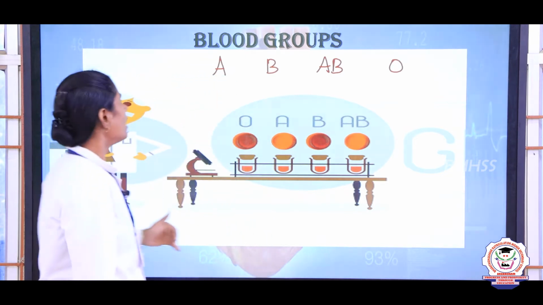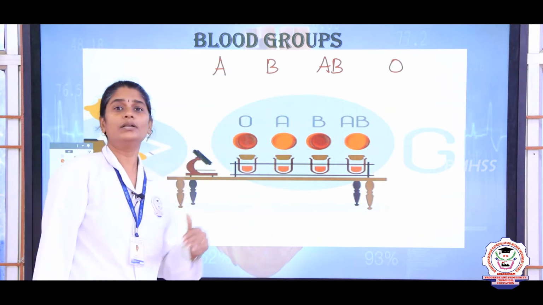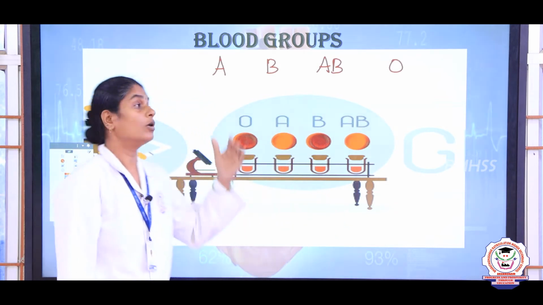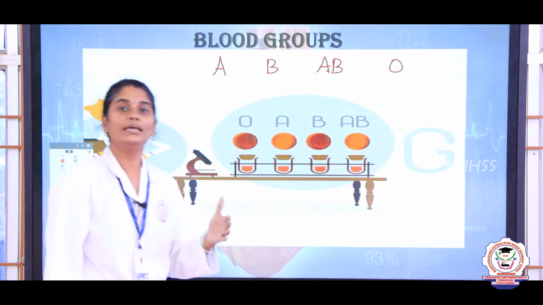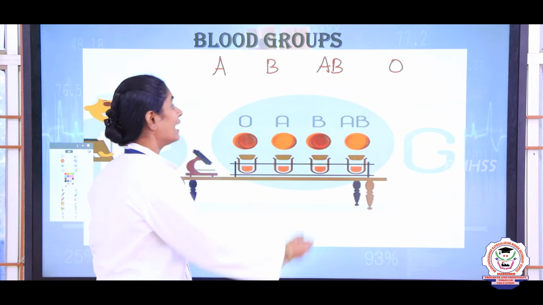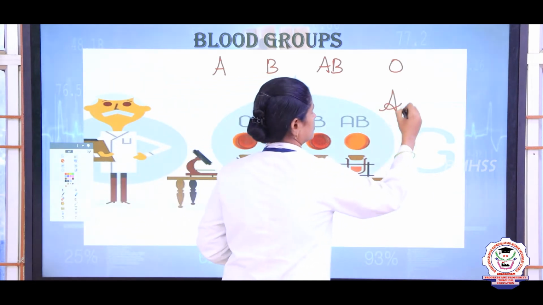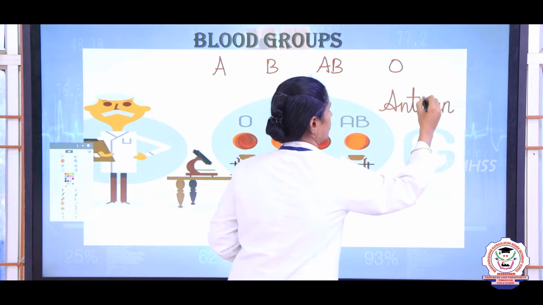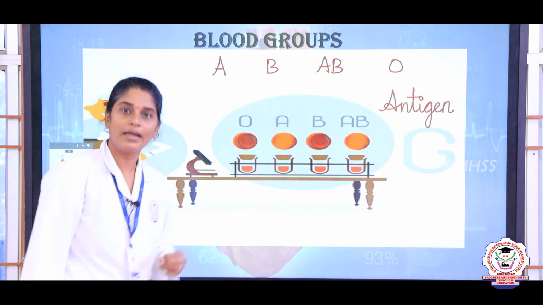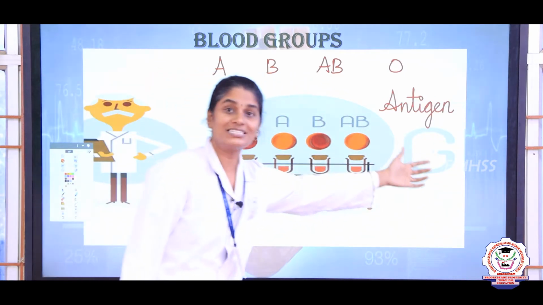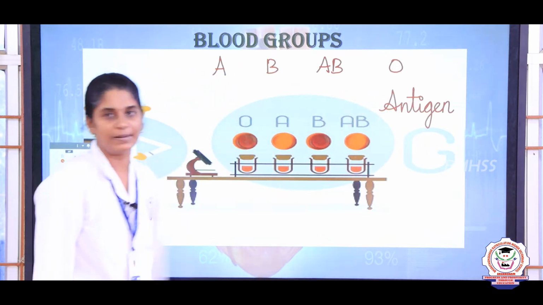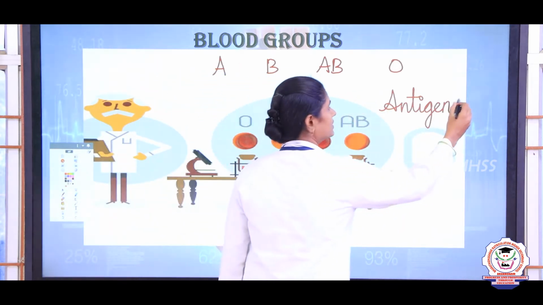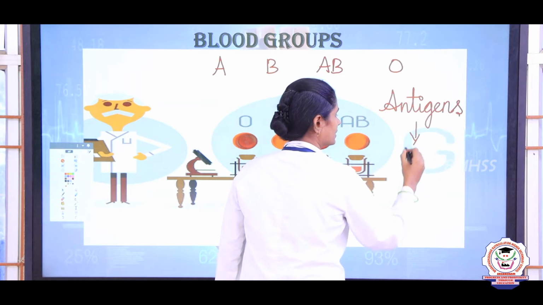Now, in addition, the blood groups are determined by things known as antigens. The blood group is determined by the antigens present in the red blood cells.